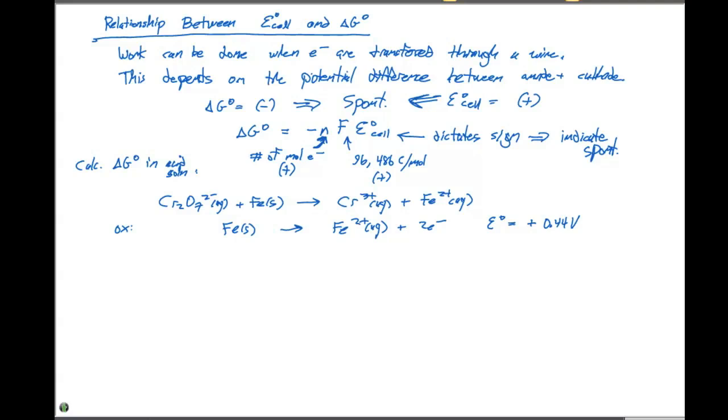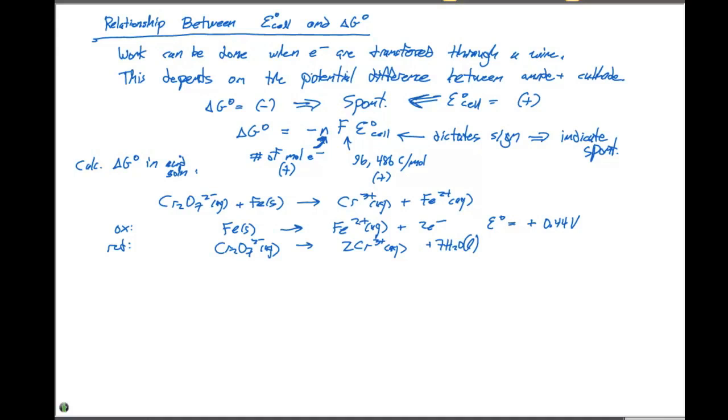The second reaction we have to look at, our reduction reaction, is going to be Cr2O7 2 minus, which is our dichromate, and that is going to break down into chromium 3 plus in aqueous solution. In this process, we need to balance out the waters. We need 7 waters over here on the right-hand side.